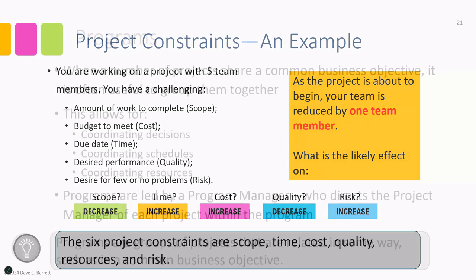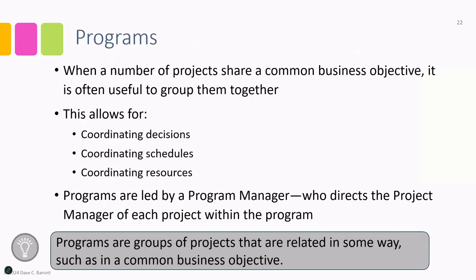Now, this course is primarily focused on projects and project management, but it's useful to understand that within organizations, projects often do not exist completely on their own. They're not isolated things. They're often within other work being done, within an ecosystem of projects.